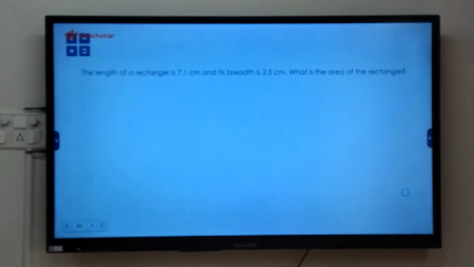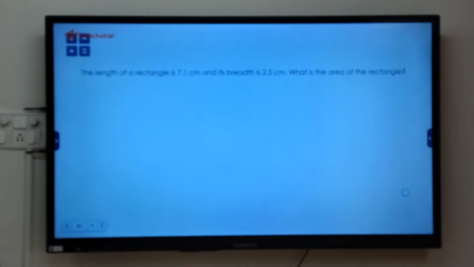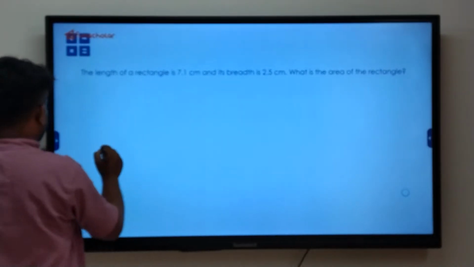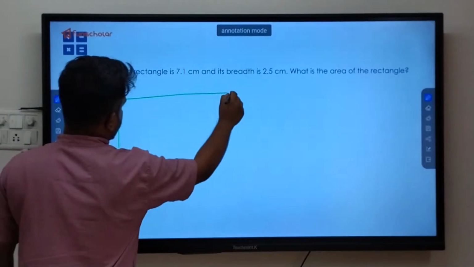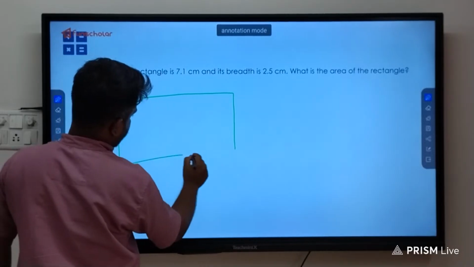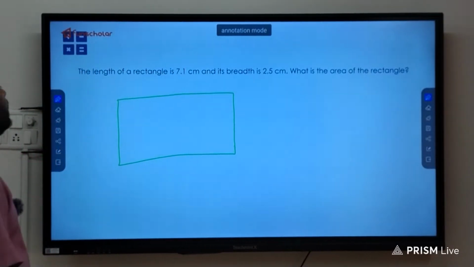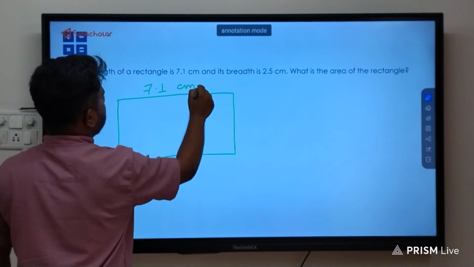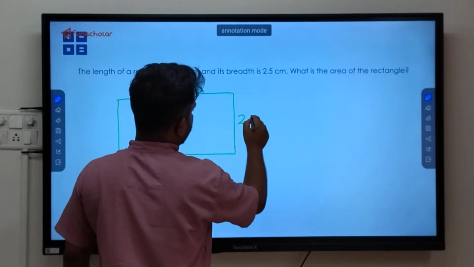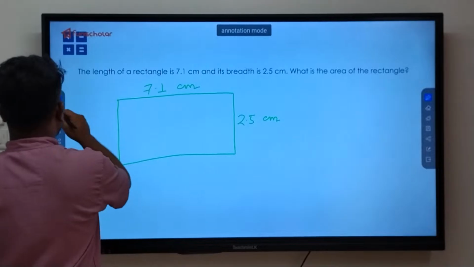The length of a rectangle is 7.1 centimeters and its breadth is 2.5 centimeters. What is the area of the rectangle? Let's think of this as a rectangle; its length will be 7.1 centimeters and the breadth will be 2.5 centimeters.